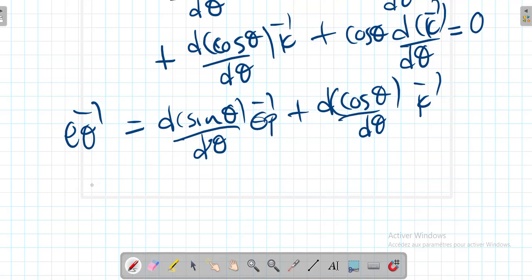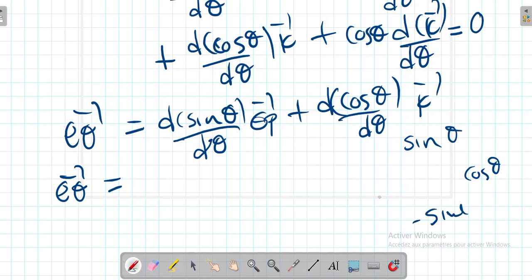Now E theta is going to be equal to, so now the derivative of sine theta. If you want to know how to find derivatives, you say sine theta, cos theta, negative sine theta, negative cos theta. So when you're finding a derivative, you go downwards. For example, the derivative of sine theta will be cos theta.